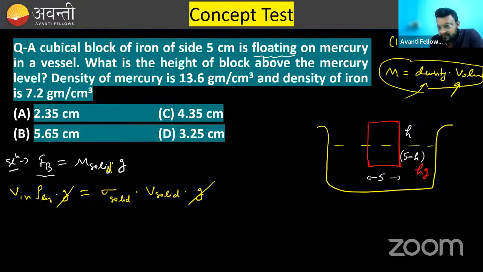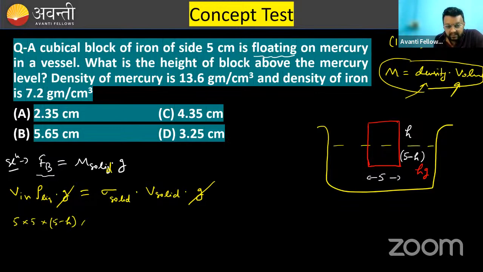The inside volume is this one. If you calculate this volume, two sides are 5 into 5 and one side is 5 minus h. So the volume is 5 into 5 into 5 minus h. Now, the density of the liquid. The liquid is mercury, and its density is given as 13.6 gram per centimeter cube. I am taking the sides in centimeters and the answer is also in centimeters, so I will not change the density into kg per meter cube.